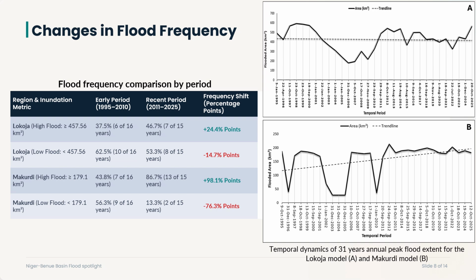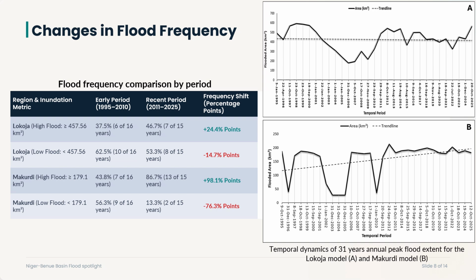For the Makurdi model, the years with peak annual flooded area greater than 179.1 square kilometers weighted average are classified as high flood years, while the years less than 179.1 square kilometers are considered low flooding years.